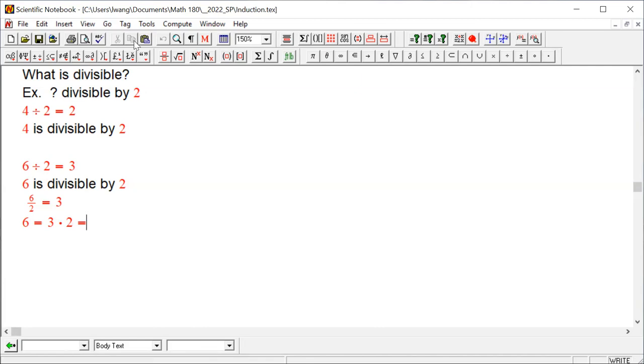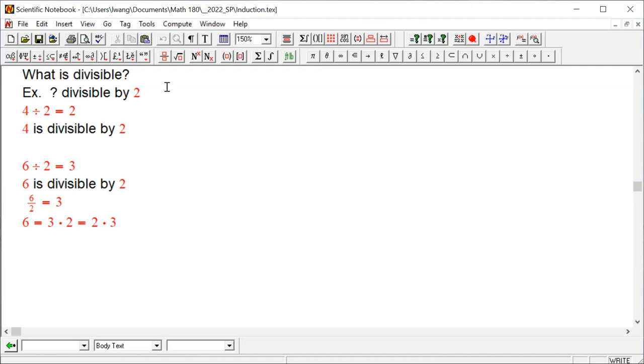We can write it 2 times 3 as well. It doesn't matter which order you put it. So 6 is divisible by 2, and the quotient is 3, and 6 equals the divisor 2 multiplied by the quotient.